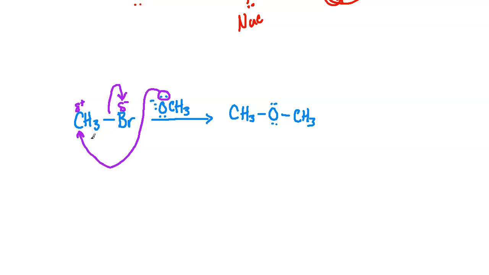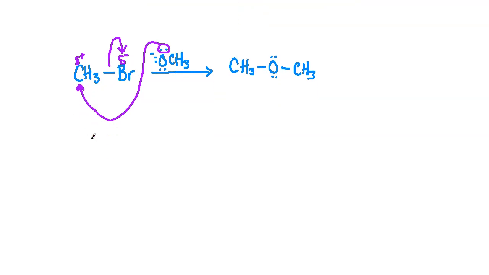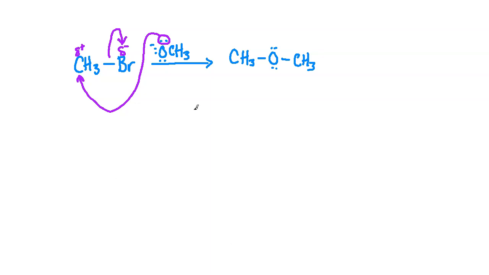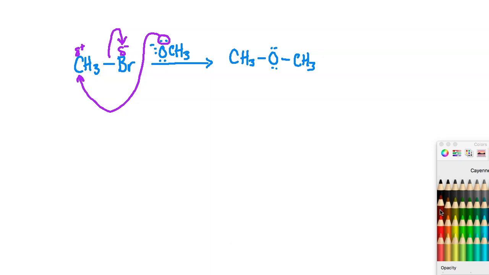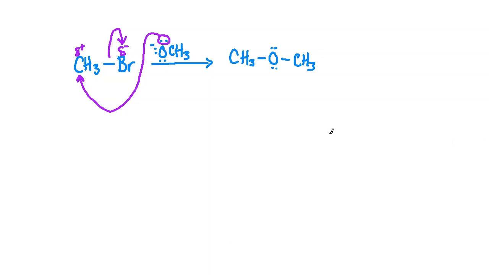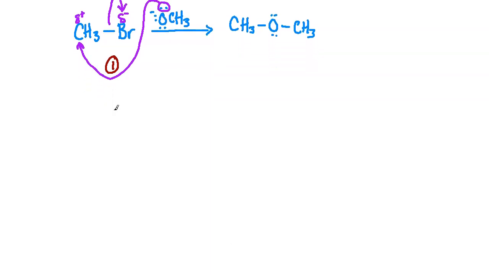All right, now, if we take a look at this, we can label these as, and I will change the color here, arrow 1, which we will call the methoxide coming into the CH3, and arrow 2, which is going to be the Br leaving. So let's take a look at arrow 1 for starters.